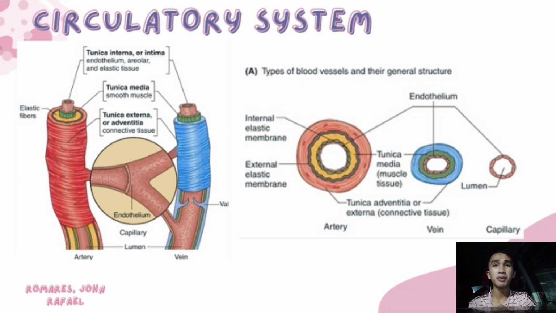The similarities of artery and vein are they have tunica media or muscle tissue, tunica adventitia or externa or connective tissue, and artery, vein, and capillary have the same endothelium. In the artery there is an internal elastic membrane and external elastic membrane.